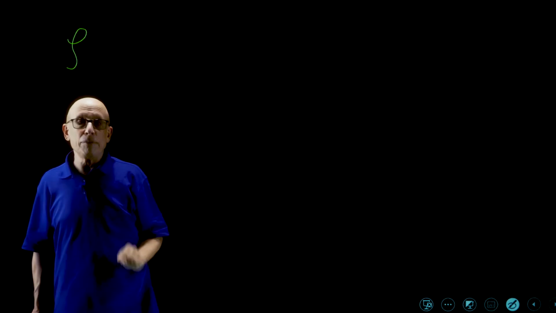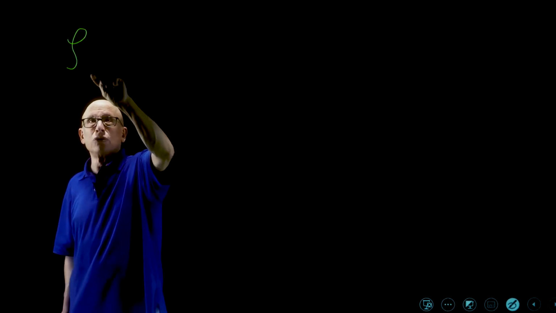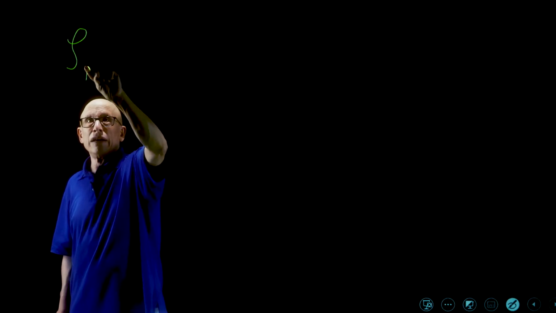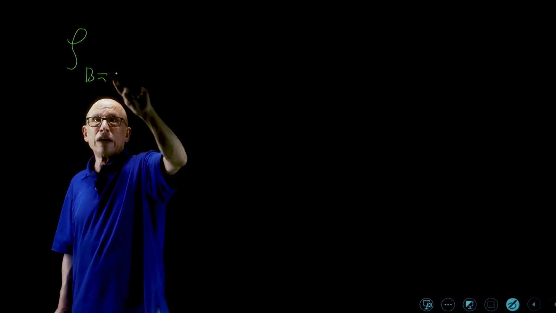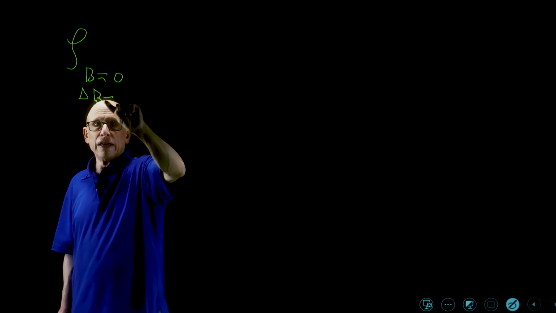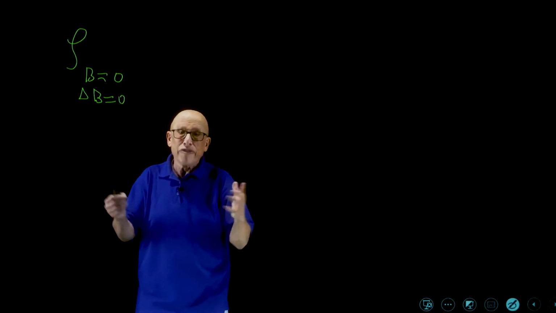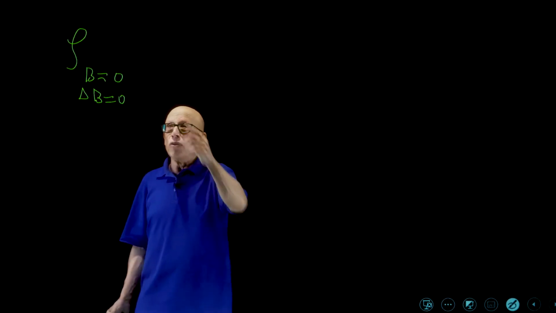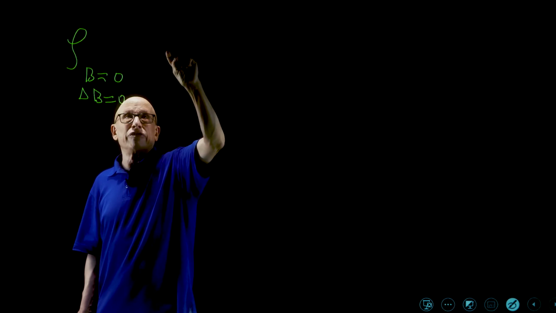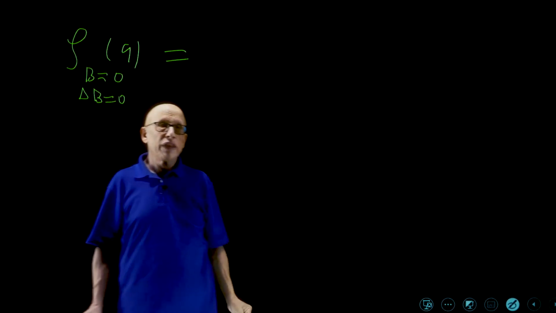And in fact, we'd like to look at the resistivity matrix at zero magnetic field, so B or delta B equals 0. This would be for composite fermions, this would be for electrons. Fermions at zero field, what resistivity matrix do they have? Well, we'd like to have it as a function of Q.